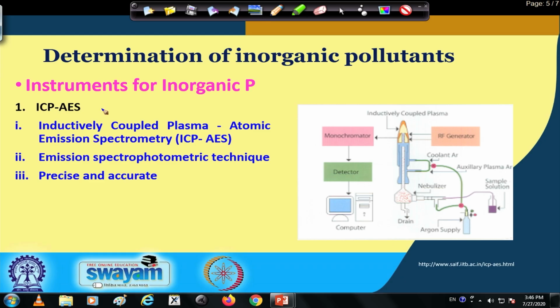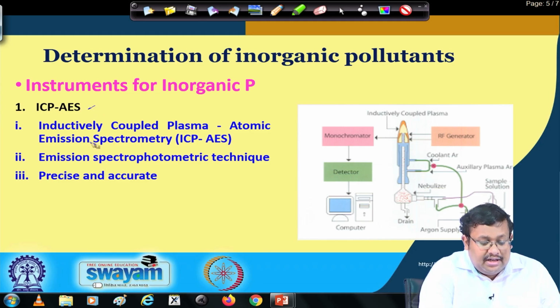After you extract the solution through Mehlich 3 extractant, this extracted solution is injected into ICP-AES to measure individual ions. ICP-AES is a short form of inductively coupled plasma atomic emission spectrometry.